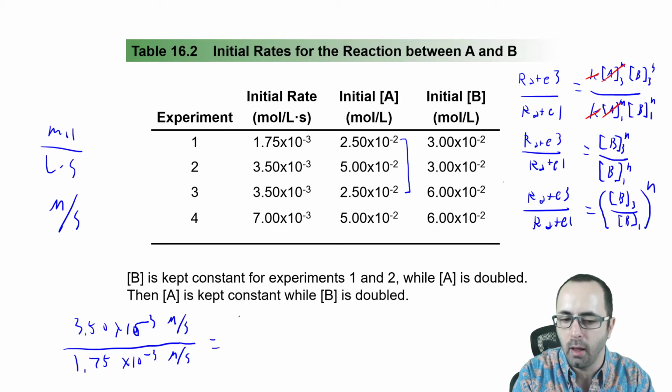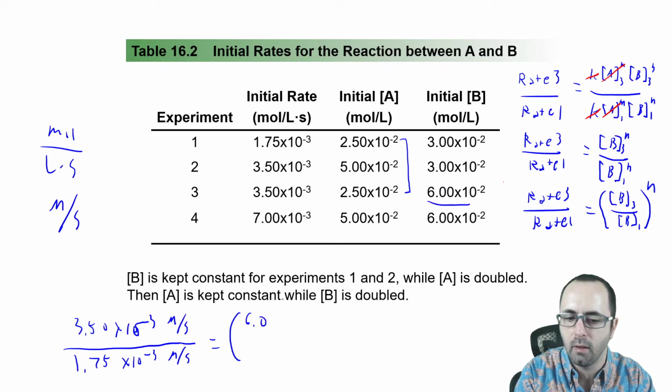Okay, and then we're going to have the concentration of B in experiment 3, which was this one, 6 times 10 to the minus 2, and that's molarities or moles per liter. Again, you can write moles per liter as molarities, even though your book never wants to do that. And this is the n power.